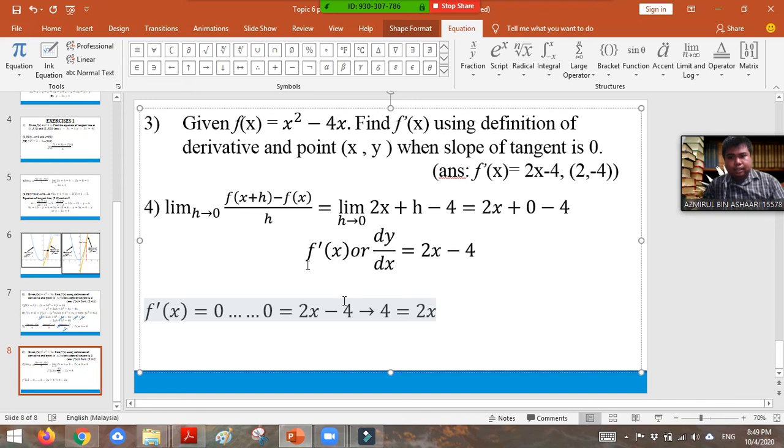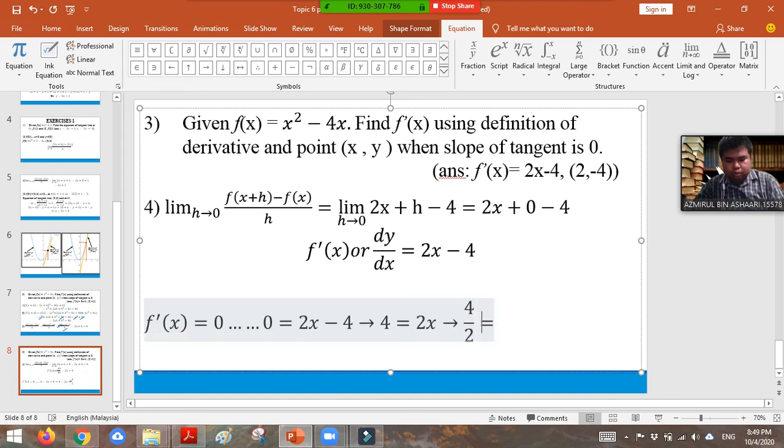Or you can say that 4 divided by 2 equal to x. I move this 2 to the left side, it becomes 4 divided by 2 and just leaves x. So x is equal to 2.